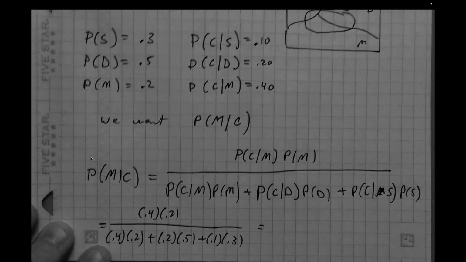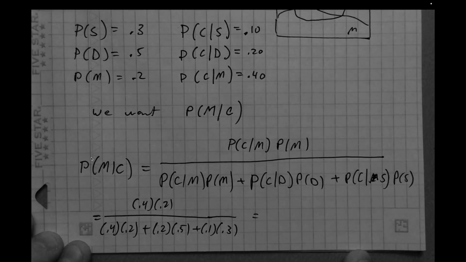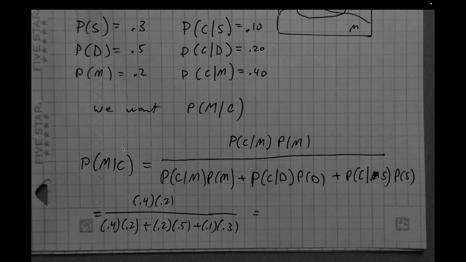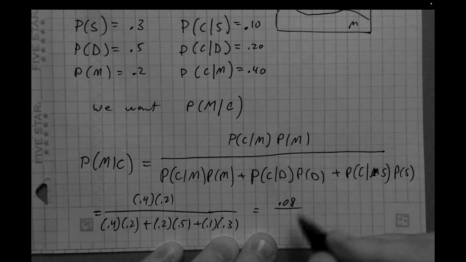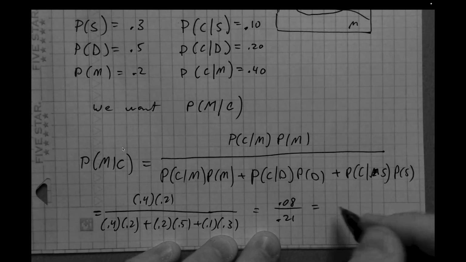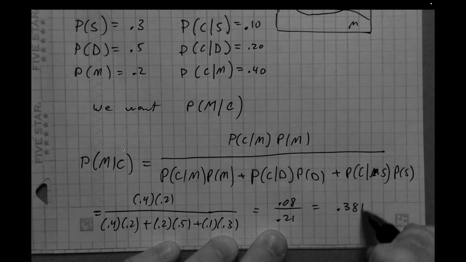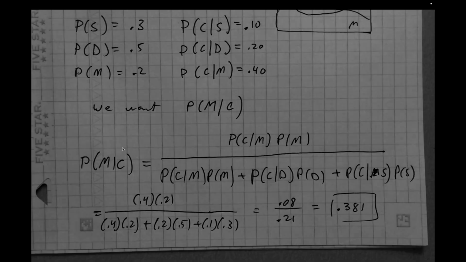Okay, and so you can just do the math on that quick, and you will find 0.08 divided by 0.21, and we get 0.381. So there's a 38% chance you're in the music club, given that you competed in the spring event, the spring competition.